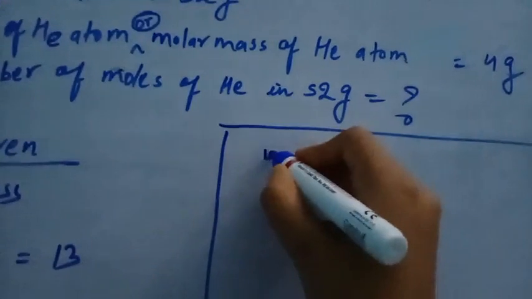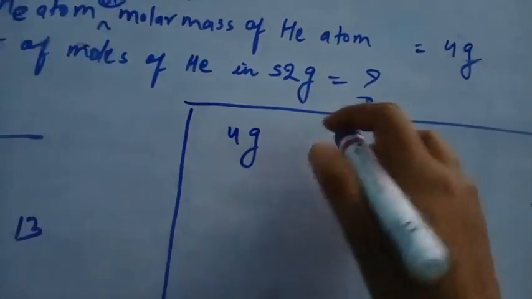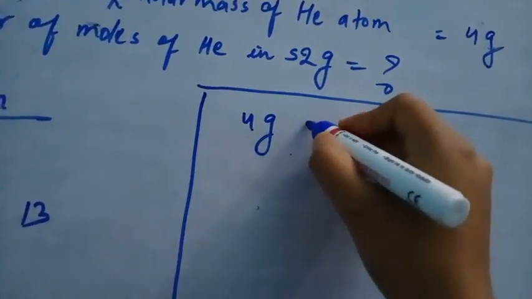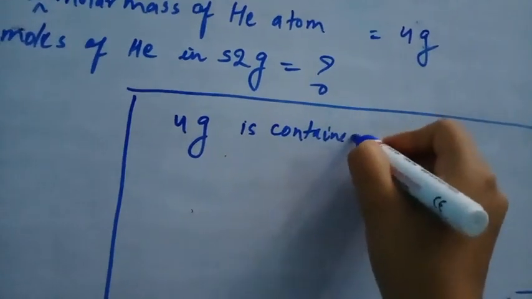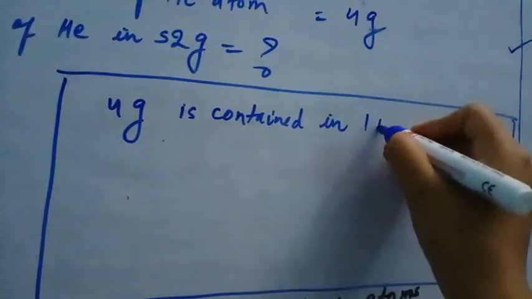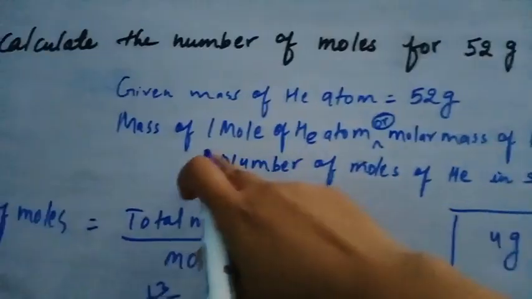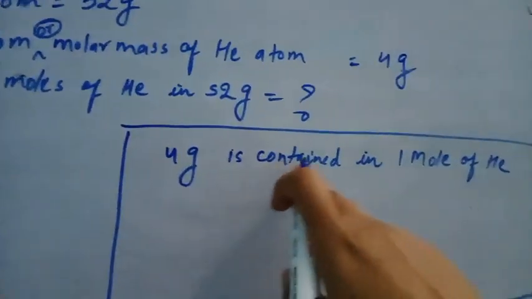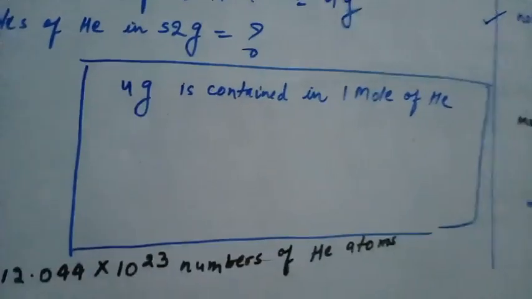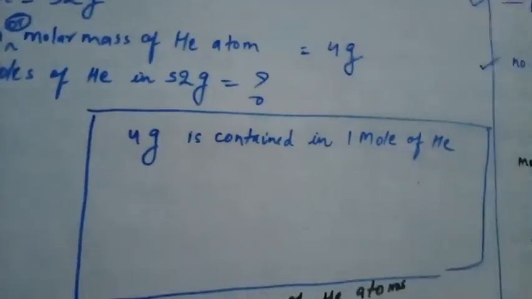So we can write 4 gram is contained in 1 mole of helium. The same thing I have written in a different way. The mass of 1 mole of helium atom is 4 grams, so 4 gram of helium is present in 1 mole of helium.